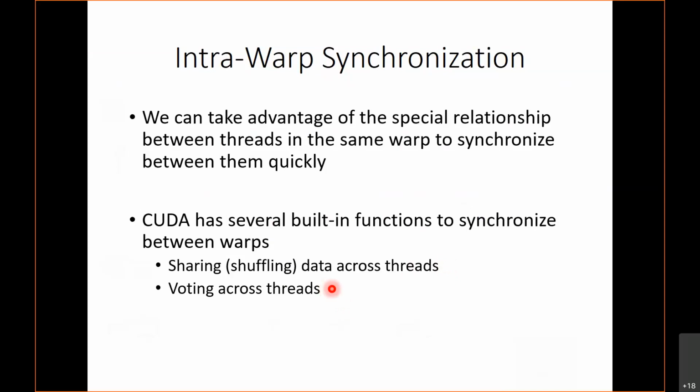So if you want to figure out how many threads evaluated to true and how many evaluated to false, or even which threads were true and which threads were false, or something else like checking which threads are active inside of a certain divergent part of the code, all these kinds of intrinsics fall under voting across threads. So these are the two major types of intra-warp synchronization: sharing data or voting.